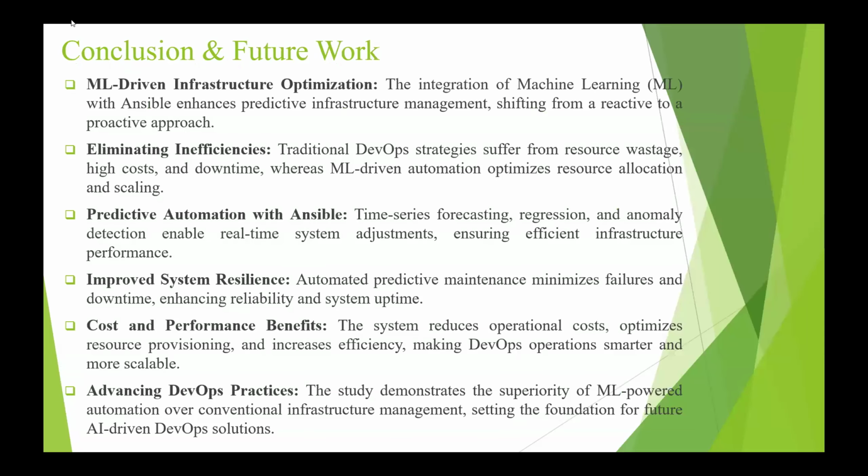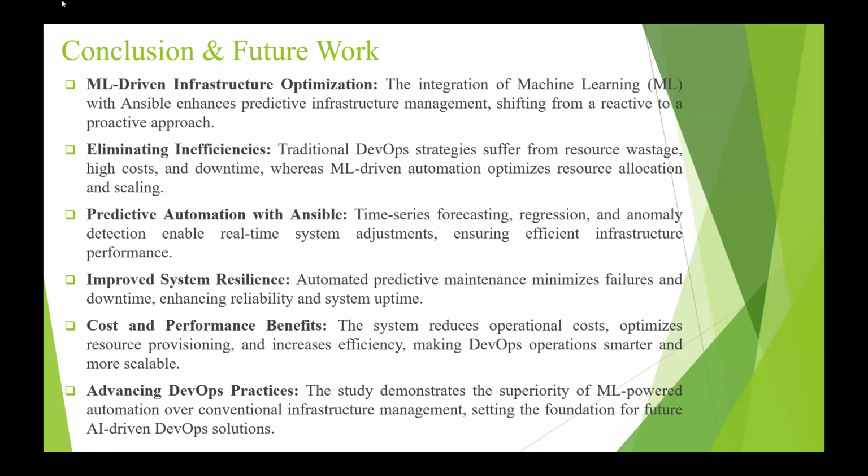Now we are at the conclusion and future work. The conclusion is machine learning driven infrastructure optimization. The integration of machine learning models with Ansible enhances predictive infrastructure management, shifting from a reactive to a proactive approach.